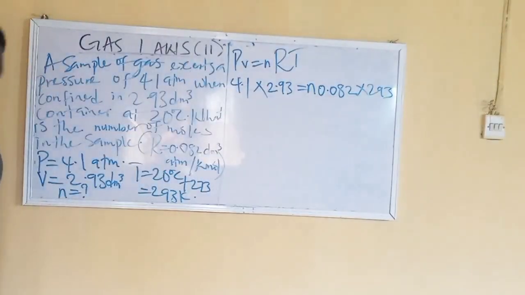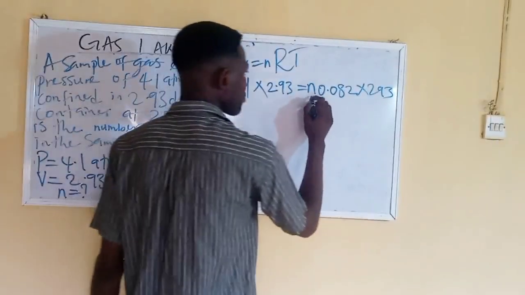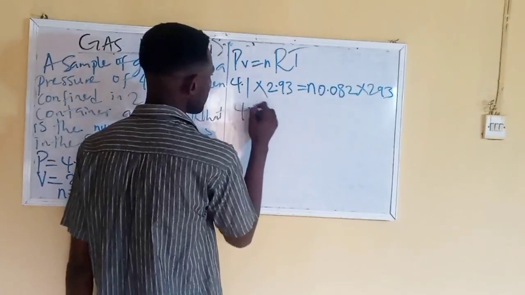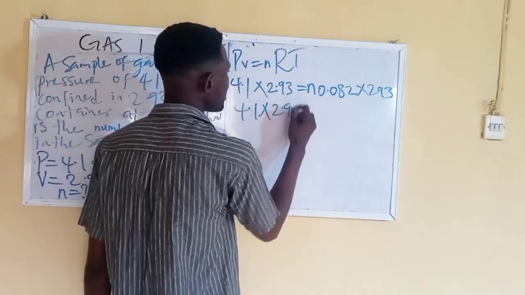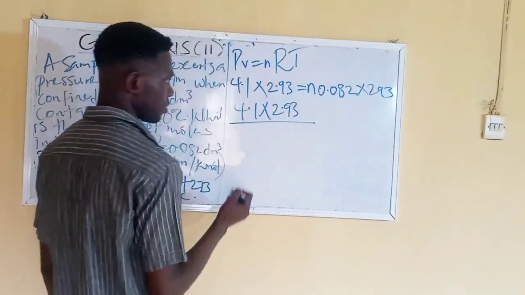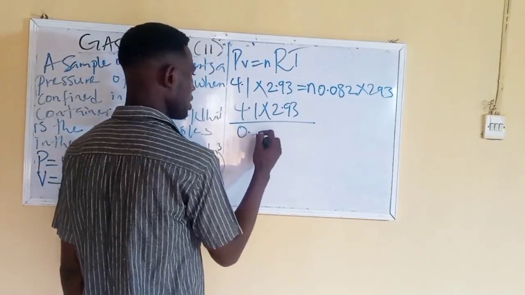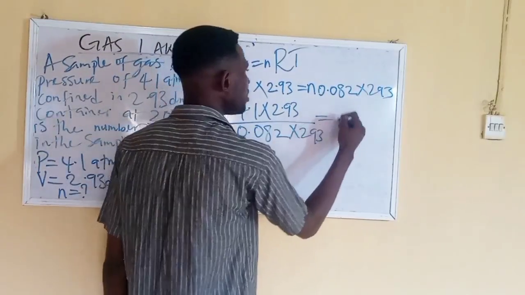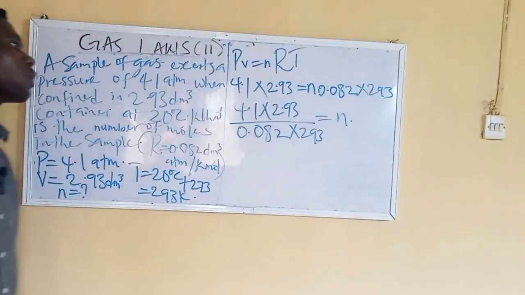Now we have to collect our like terms and make n the subject of the formula. So you have this written as 4.1 times 2.93 divided by 0.082 times 293 equals n.